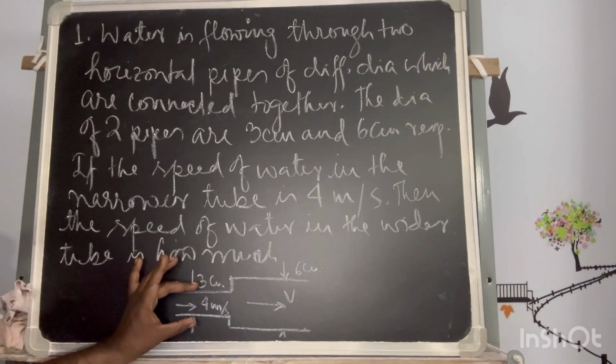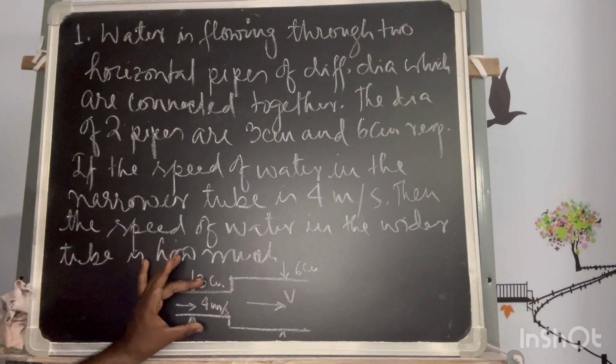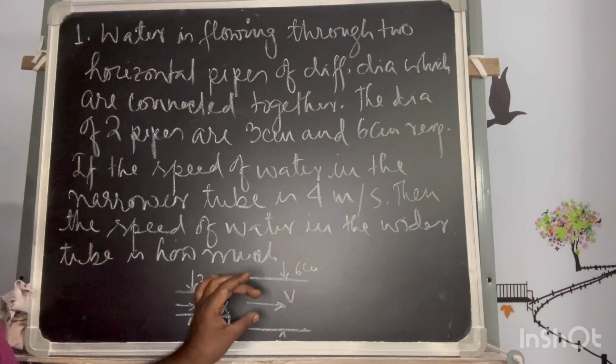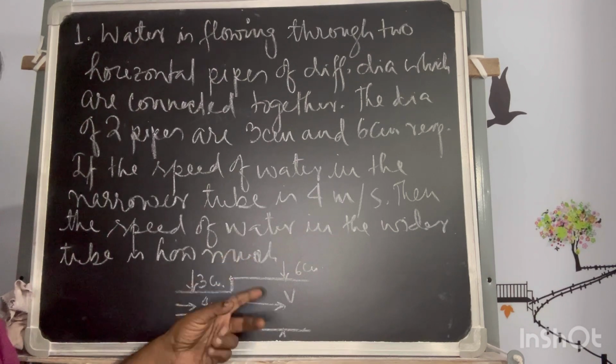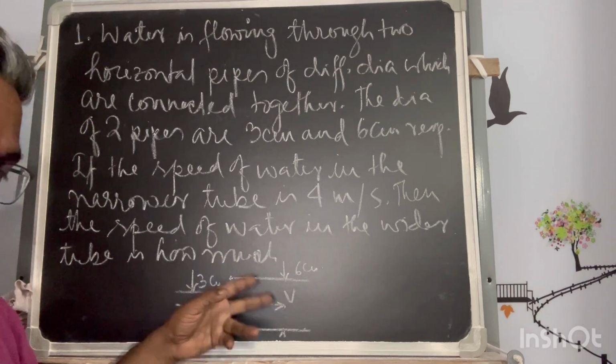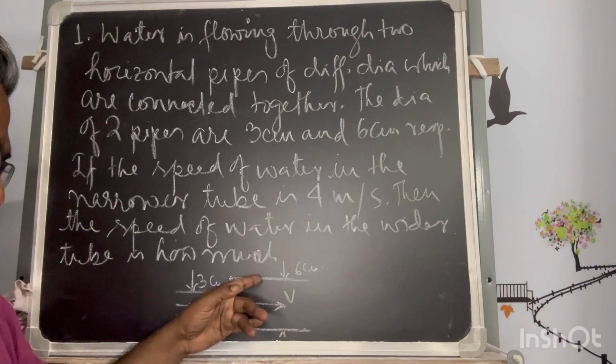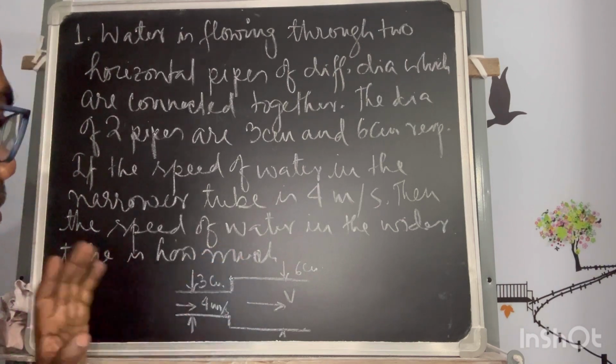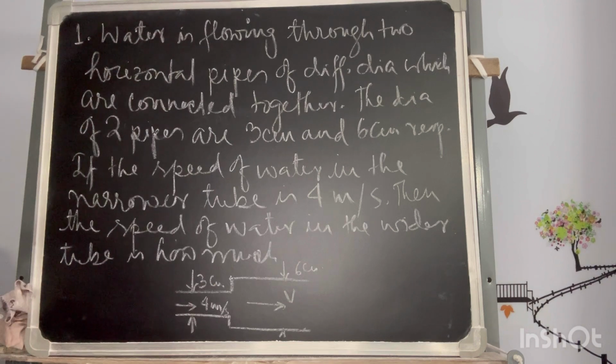Where the streamline is narrower or crowded, the density is more and the velocity will be more. Here it will be wider, so the velocity will reduce. So in the wider pipe, the velocity must reduce. That we can assume from the steady state flow properties.